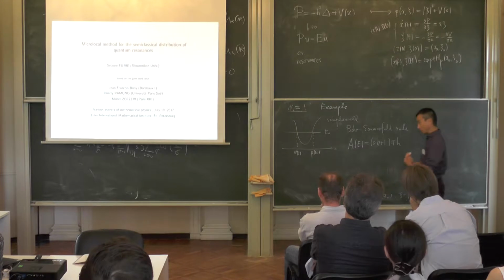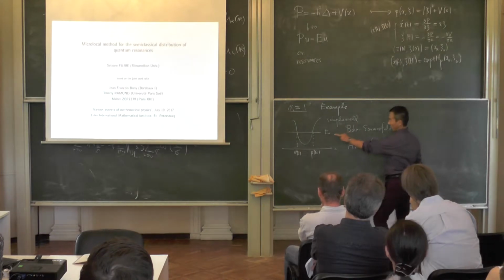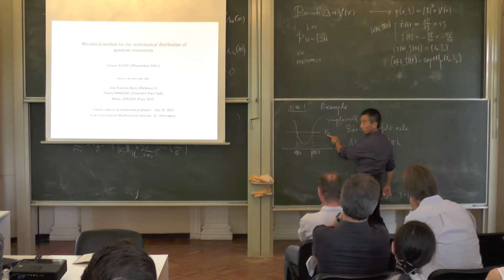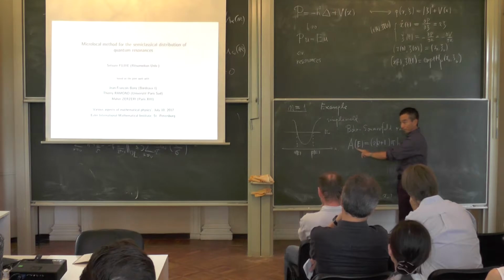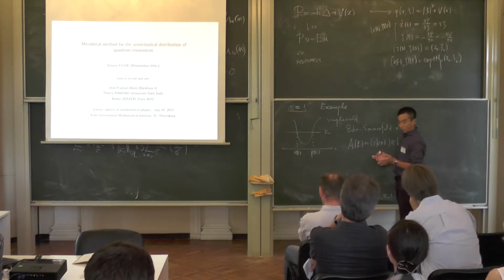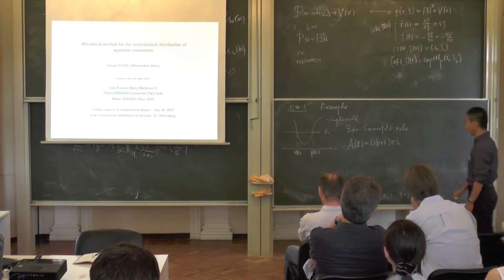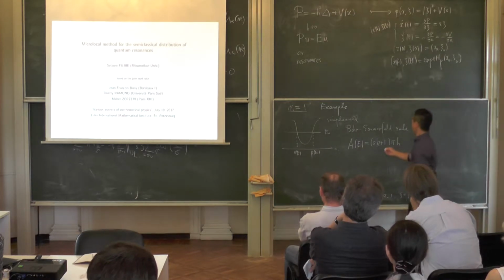Now, I should be more precise. Eigenvalues E near E0 should be close to a root of this equation. But in which sense close? It should be rigorously justified, but I don't mention that for the moment.